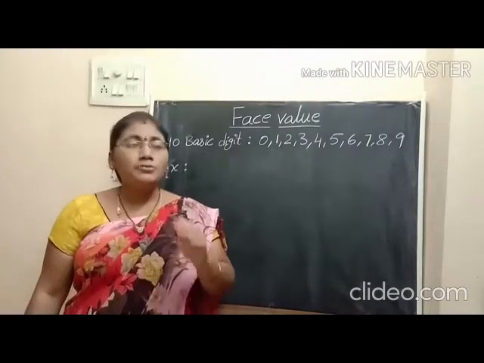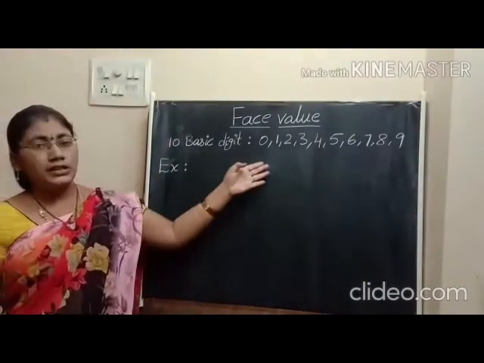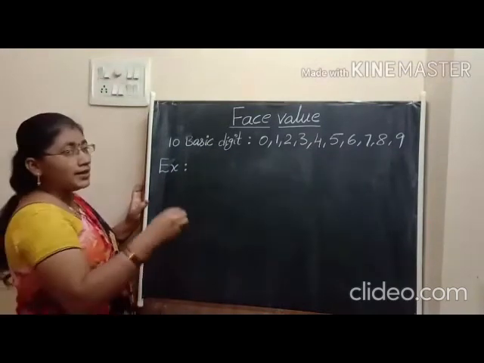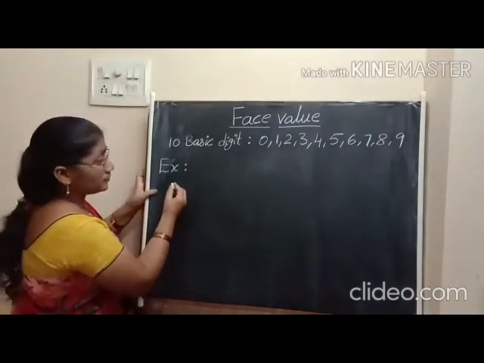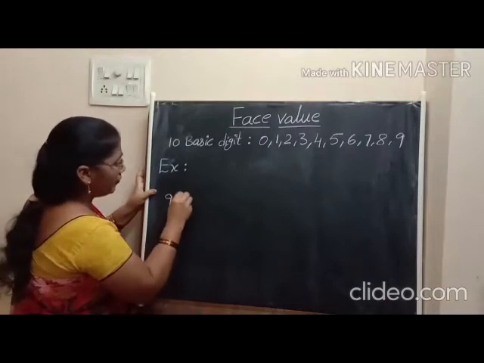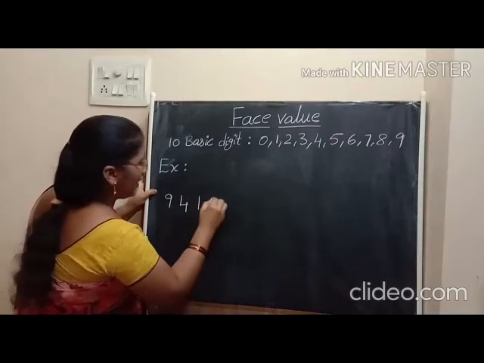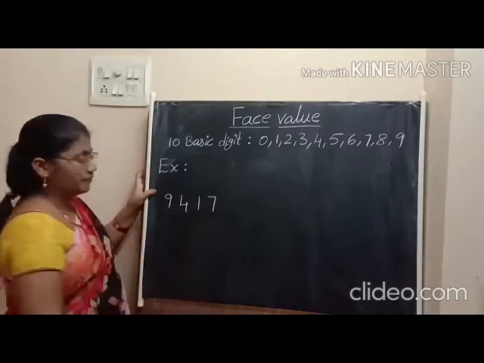Now I am going to take a 4-digit number using these digits. Here I am using 9, 4, 1 and 7.